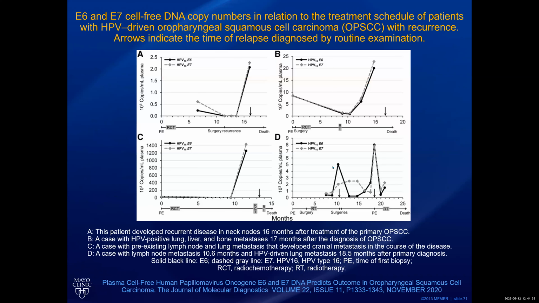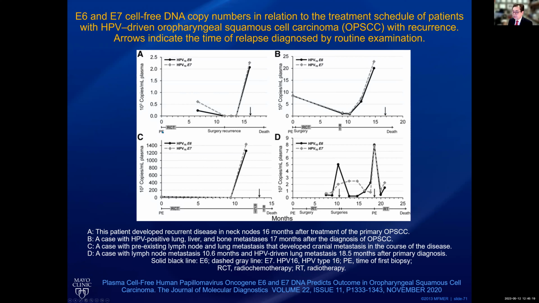So this is a very nice plot, and when the DNA goes up again, that means the patient recurs. We produced a very similar curve: when the patient receives definitive treatment, the DNA goes down, and when it comes back, it goes up again.